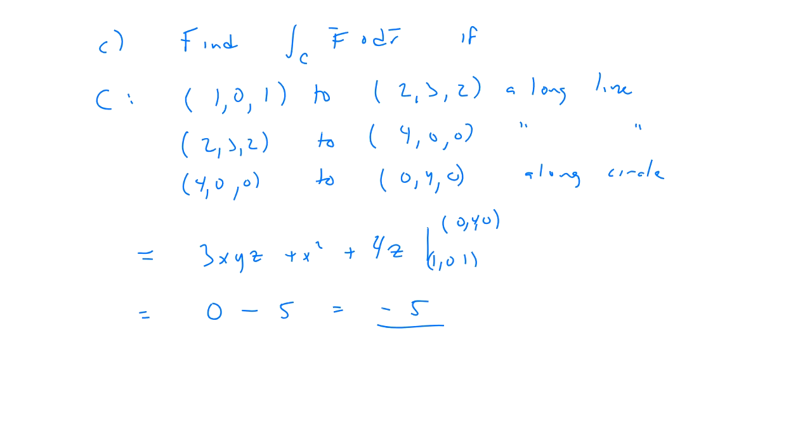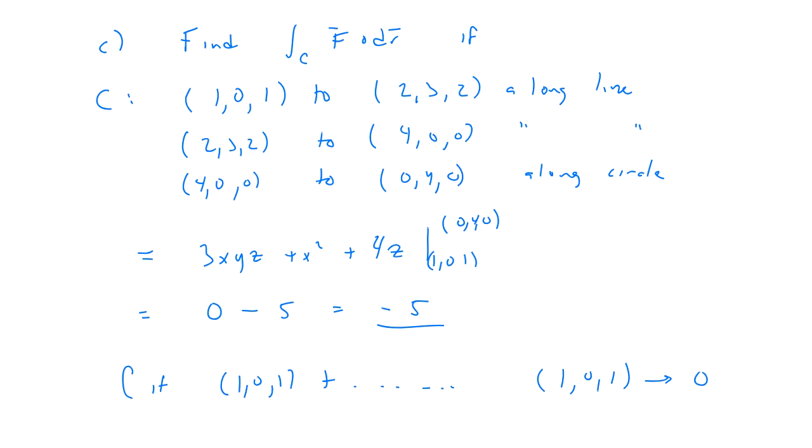Also, if I was doing the same thing, and I, again, had many steps, I went from 101 to 232, from 232 to 400, from 400 to 040, and then from 040 to 101, what would be the integral? And notice, I don't actually need the potential function.